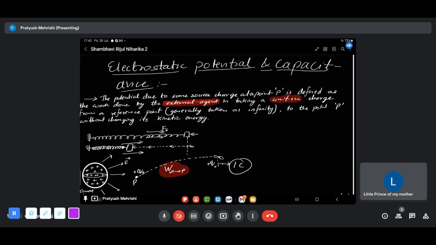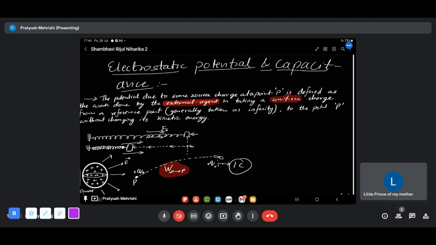So what is happening here? Potential energy was getting stored inside the spring. Similarly, here also, if I am bringing a charge, potential energy is getting stored inside that charge. Got it till this point?